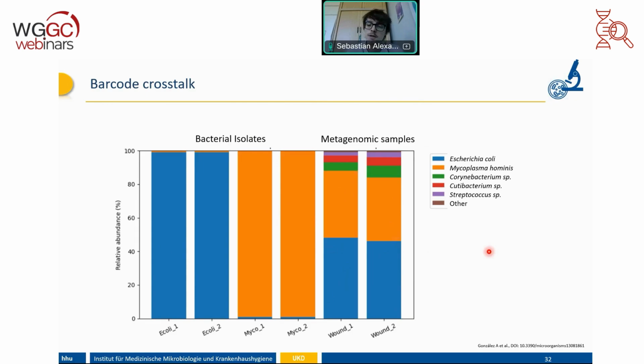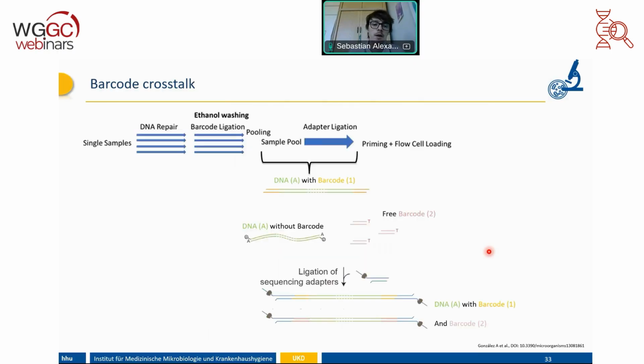And then we thought about this. Maybe it's because of the barcodes we used and the technique of barcode ligation. And our theory was, so this is the normal protocol. You start with single separate samples, do the DNA repair, do the barcode ligation, then pool all the samples, and only the pool is then used for the adapter ligation, an enzymatic step where the adapter is ligated to the barcode.